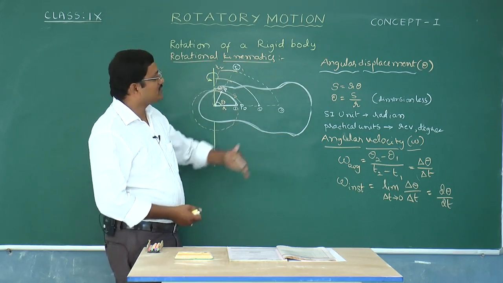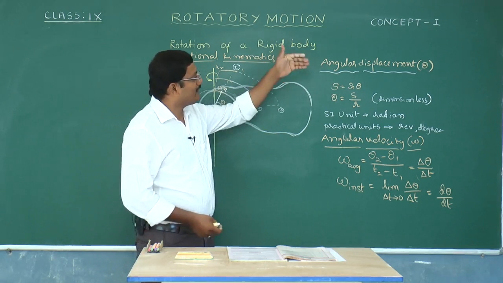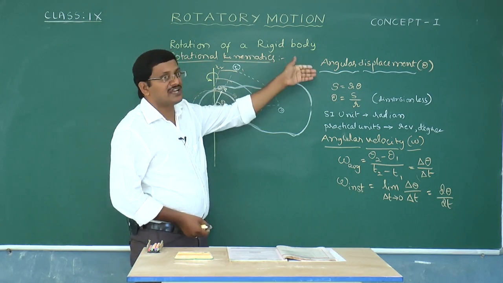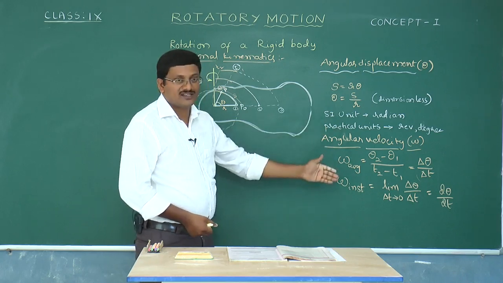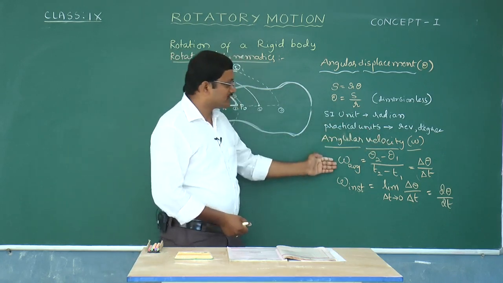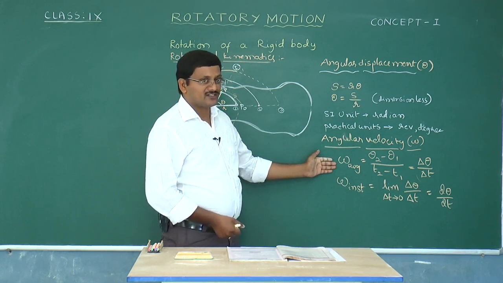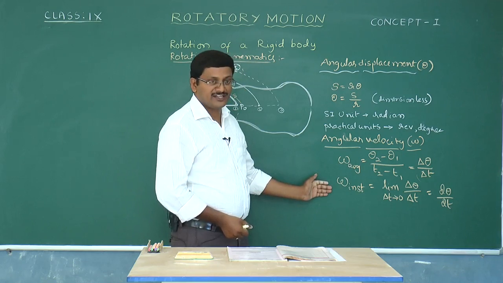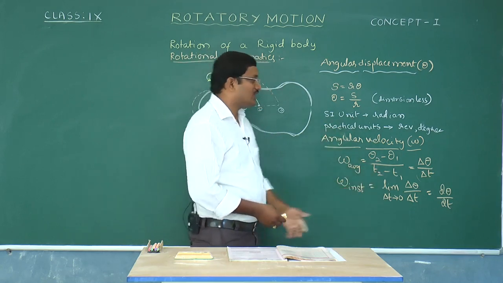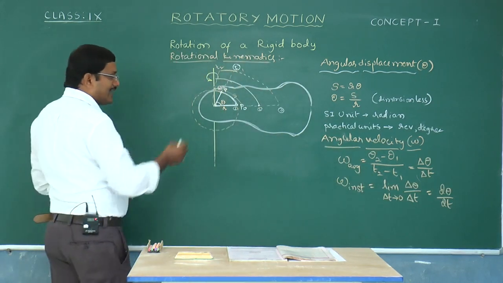In rotational kinematics, first we discussed angular displacement. As this angular displacement changes with time, we introduced one more physical quantity called angular velocity, which is denoted by omega. Then we discussed average angular velocity and instantaneous angular velocity. Let us now discuss the units of angular velocity.